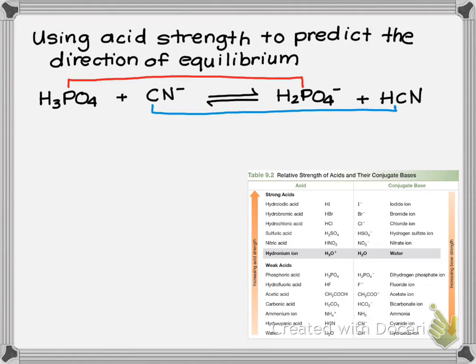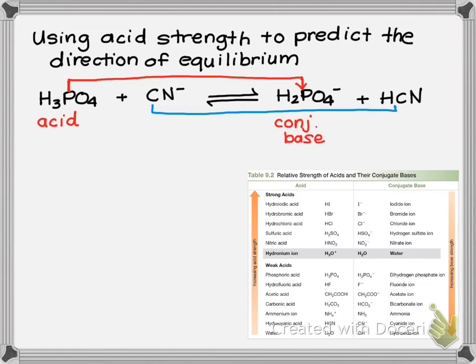Okay, so let's label these as acids and bases. If I look at this first one, H3PO4 here, and then I look at what it forms, I see that it donated a hydrogen. So this is going to be my acid, and this is going to be the conjugate base that it forms.